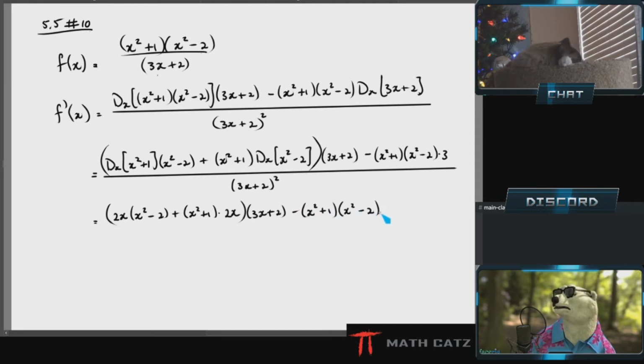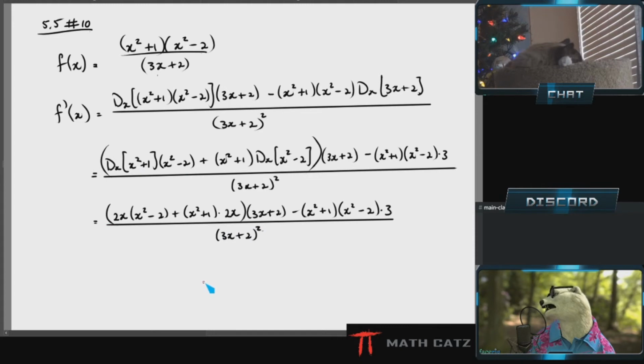Just copying things down, not doing anything else. I don't copy and simplify. My personal rule to avoid silly mistakes. There we go. I don't care to simplify that. Why would I waste my time? I've done pre-calculus. I know how to simplify. I don't have to prove it at every step.